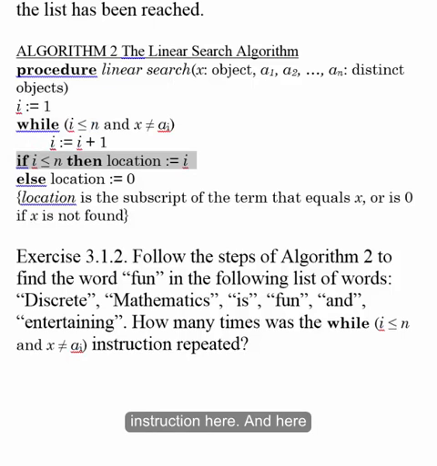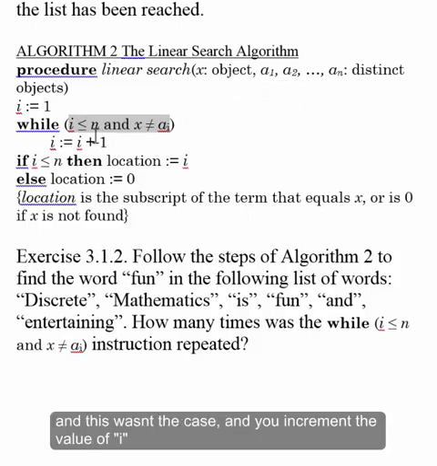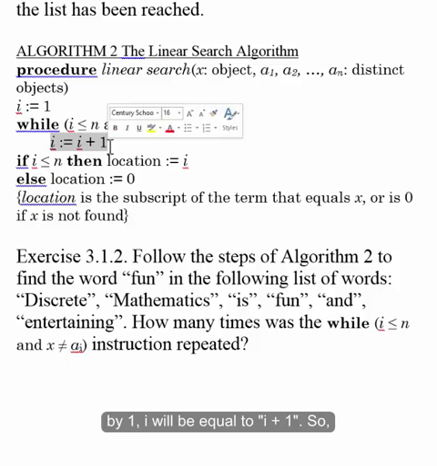And here you check the value of I. If I is less than or equal to n, then you say that the location is equal to I. Okay? But if I is greater than n, so that means that you went through the whole list of books by iterating the value of I from 1 to n, and this wasn't the case, and then you increment the value of I by 1, I will be equal to n plus 1.